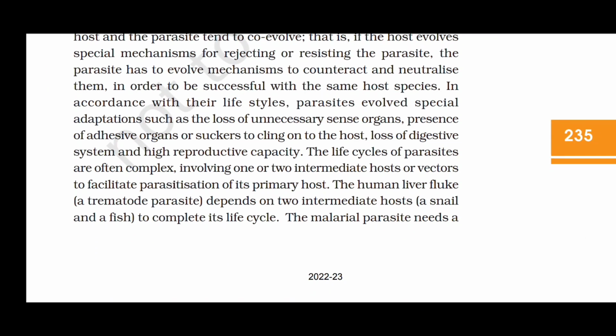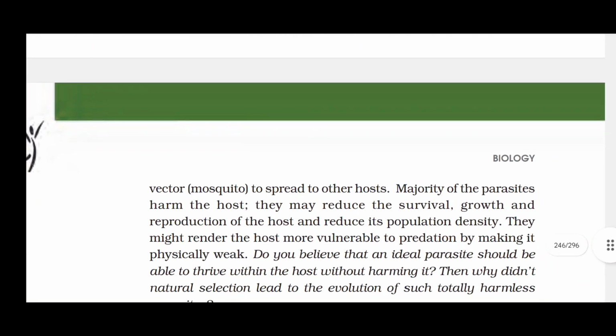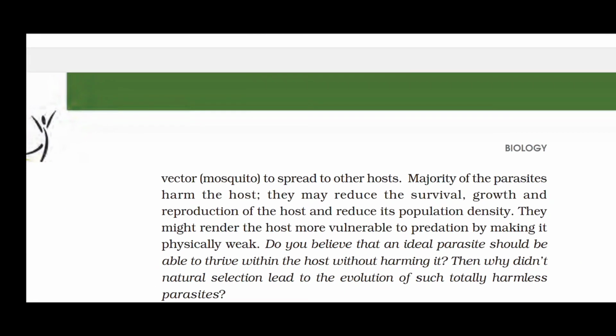The life cycles of parasites are often complex, involving one or two intermediate hosts or vectors to facilitate parasitization of its primary host. The human liver fluke or trematode parasite depends on two intermediate hosts, a snail and a fish, to complete its life cycle. The malarial parasite needs a vector mosquito to spread to other hosts.